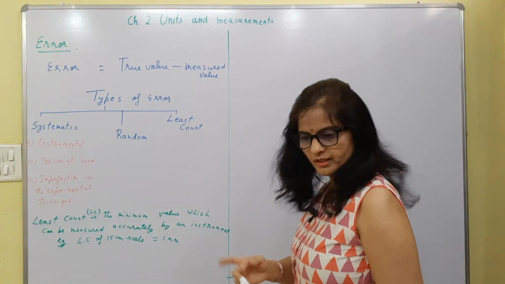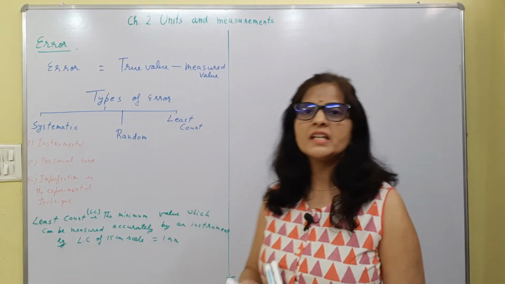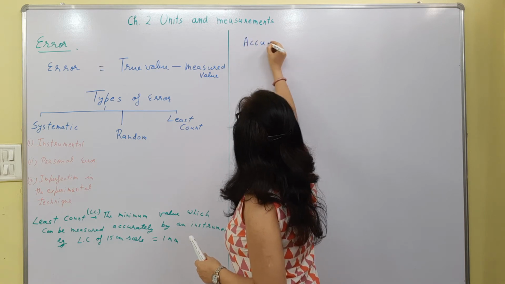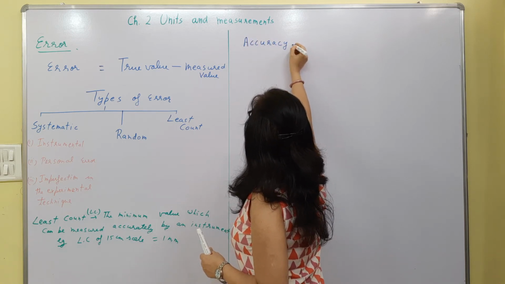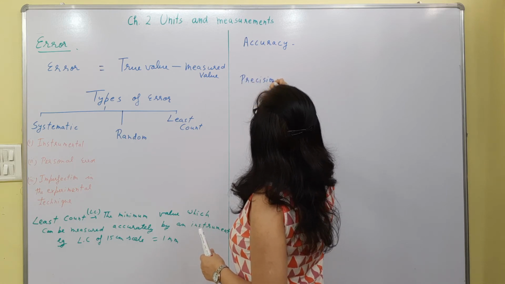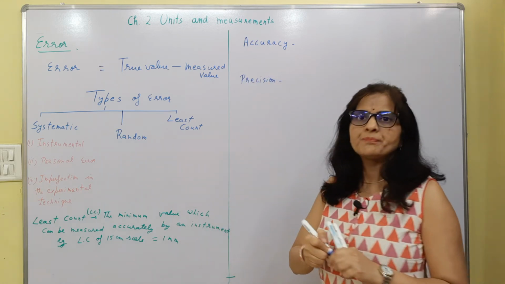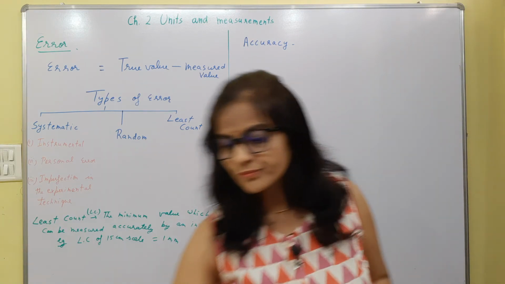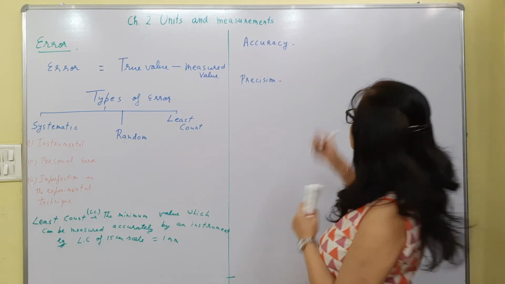So let's understand the meaning of accuracy and precision. So what is accuracy? Accuracy is how close the measured value is to the actual value.